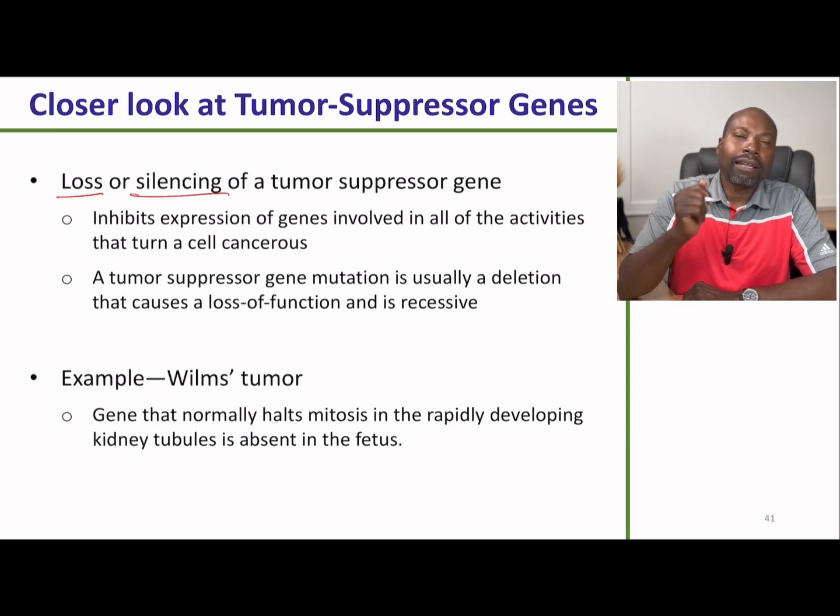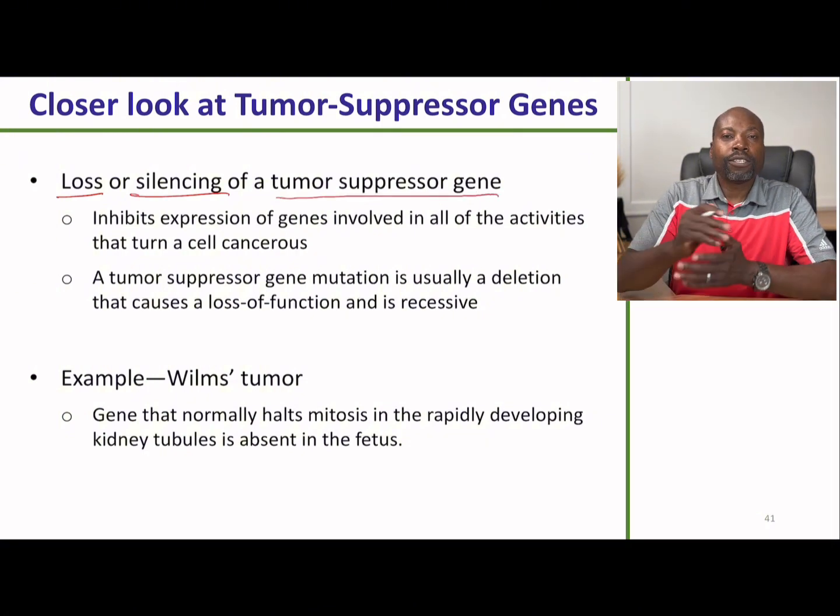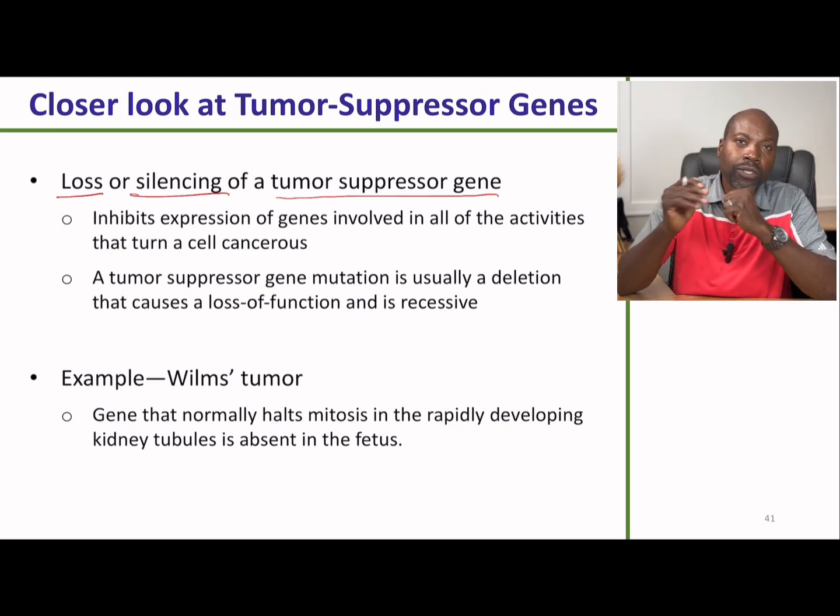And remember that the tumor suppressor genes can be compared to the brake pedal in a car, right? Or a truck. So whenever you hit the brake pedal, the truck stops or the car stops, right? Whenever the tumor suppressor gene is expressed, this is going to cause two possibilities.